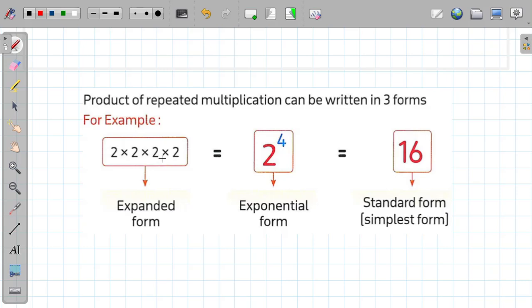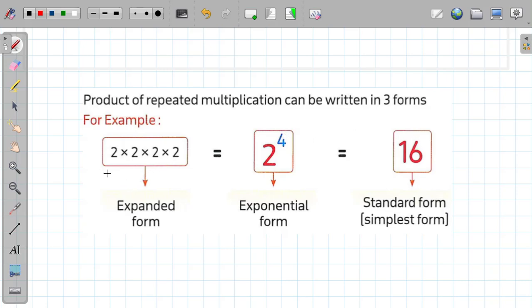So we can say it's equal to 2 to the power of 4. Okay, so 2 by 2 equals 4, and 4 by 2 equals 8, and 8 by 2 equals 16. So 2 to the power of 4 equals 16.